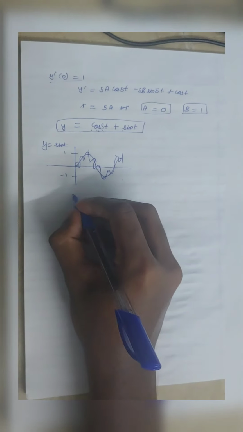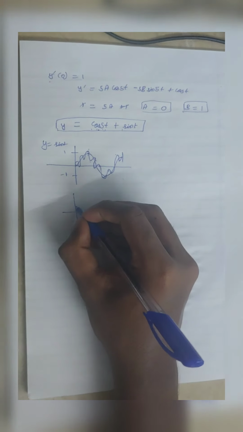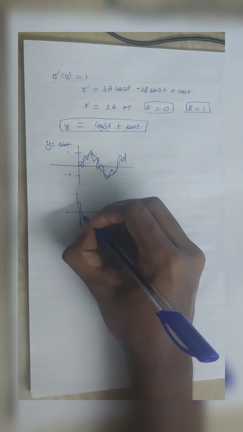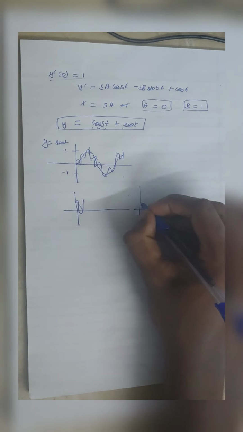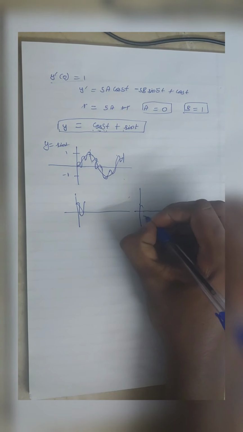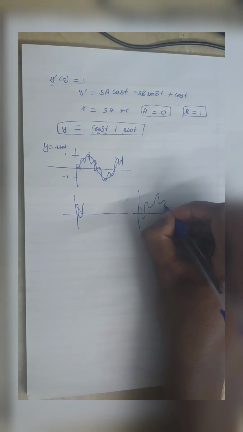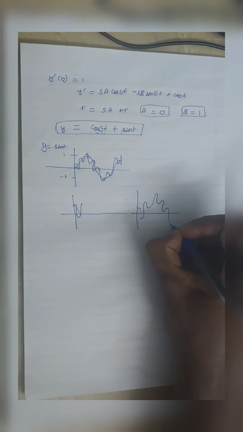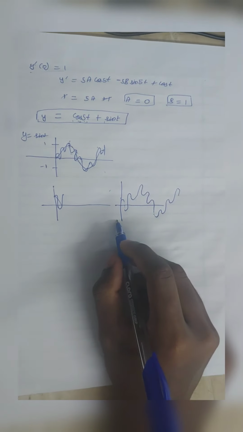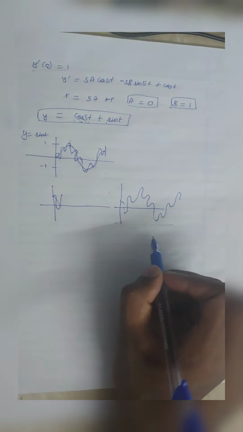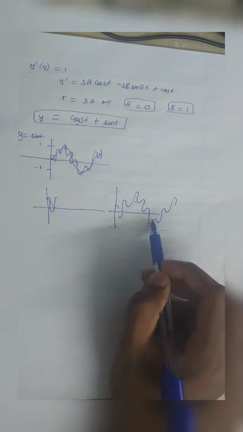So this is how the solution graph would be, containing 5 times more frequency than sin t.